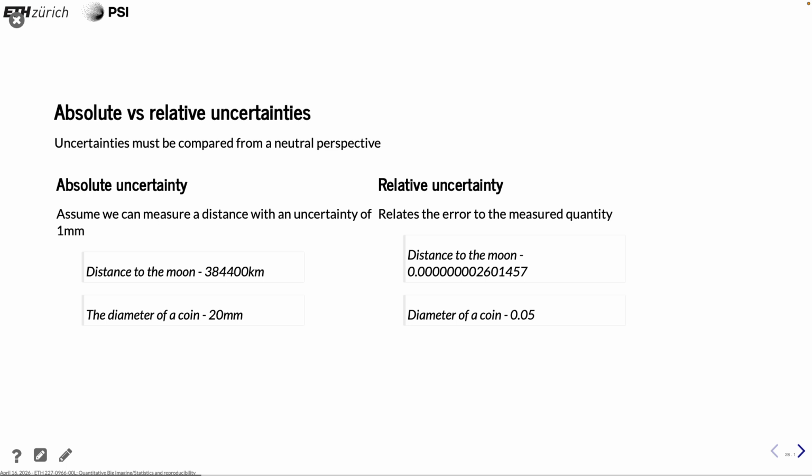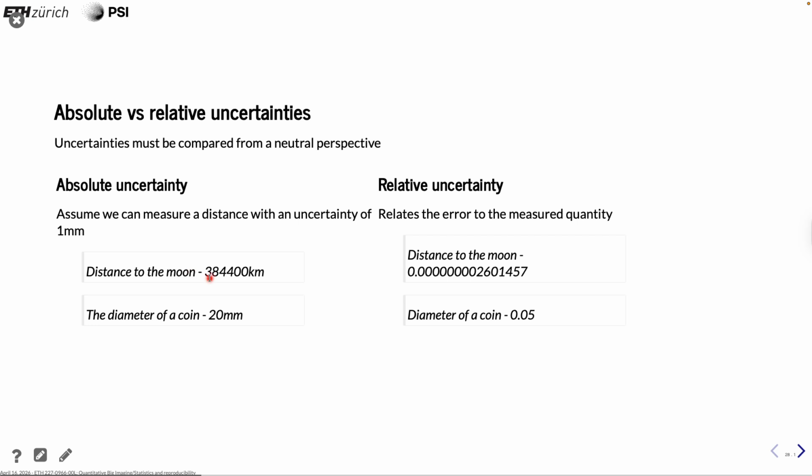Then looking at the uncertainties, we are also talking about absolute and relative uncertainties. The absolute uncertainty is that we have an uncertainty of a millimeter, no matter how far we measure something.